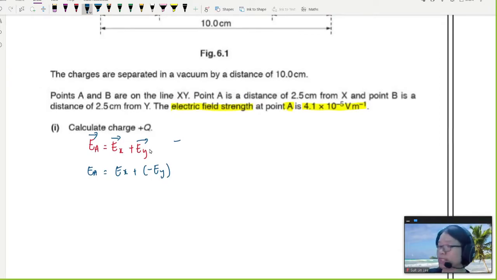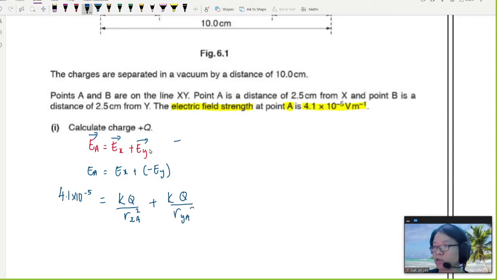Okay, we know what EA is, 4.1 times 10 to the power of negative 5. EX will be KQ over the distance of X to A squared plus KQ over the distance from Y to A squared. But this one has a negative sign, so it's minus.